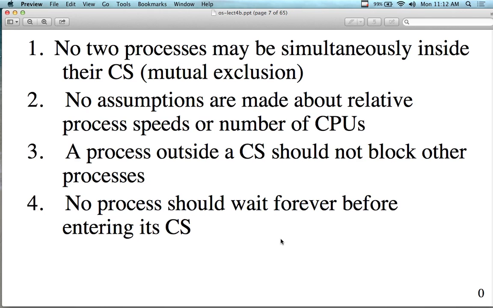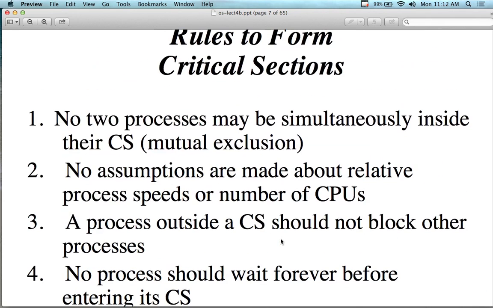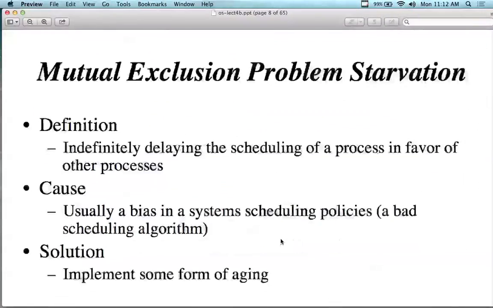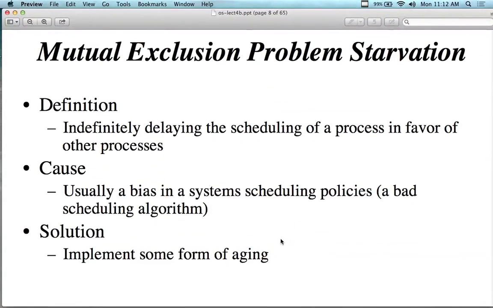That's called starvation. One process waits and waits because it can't get access to the critical region, since another process is blocking it for some reason. By definition, starvation is when a process waits indefinitely, delaying its scheduling in favor of another process. So the CPU is favoring other processes.